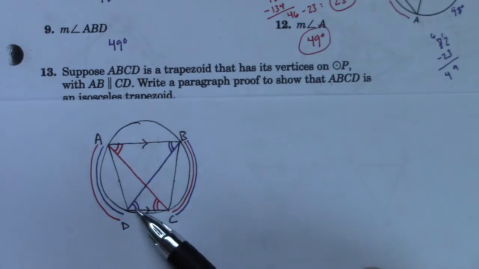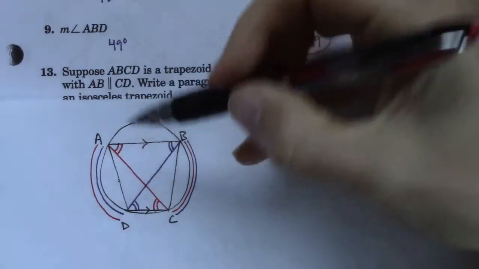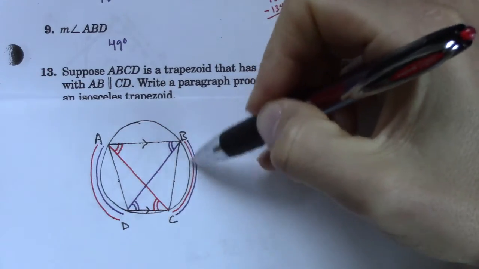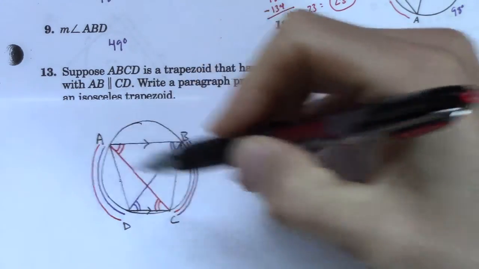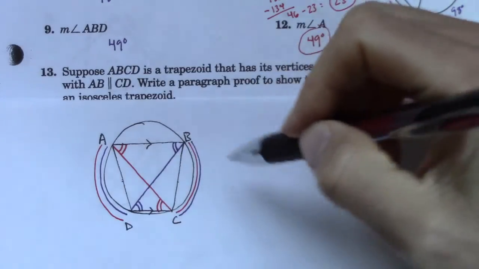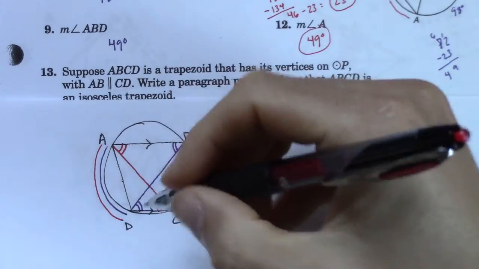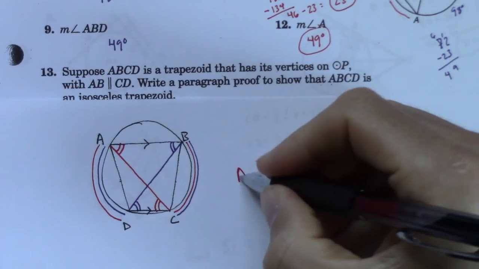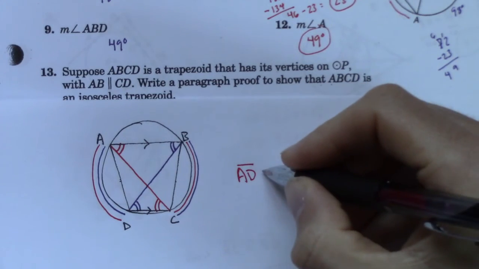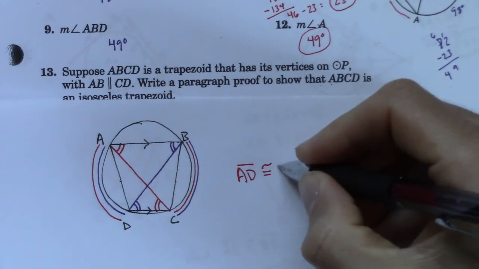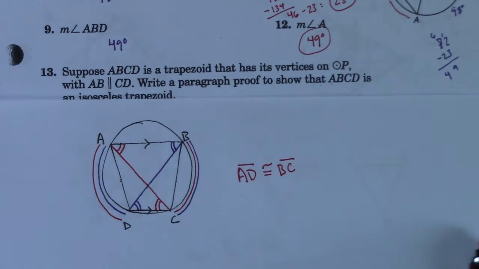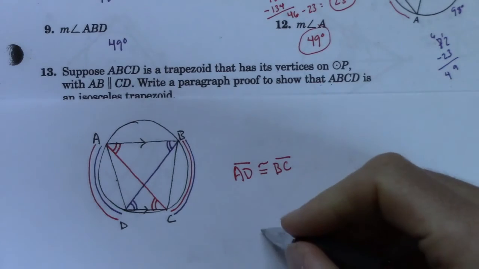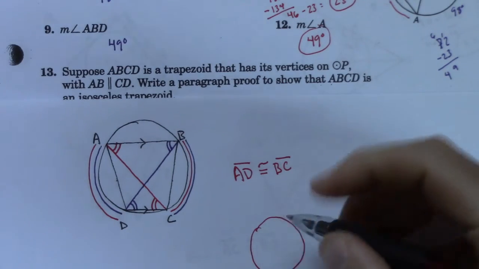And if we take a look, we got all these double tick marks, which means I know that this intercepted arc over here, B to C, is the same as this intercepted arc, A to D, which means all these various angles are the same, which means that we can say with confidence that AD, this chord, is congruent to chord BC. Partly because if the arcs are the same, the chords must be the same.